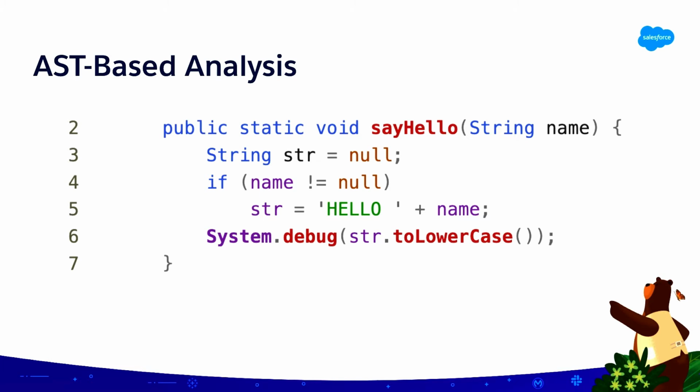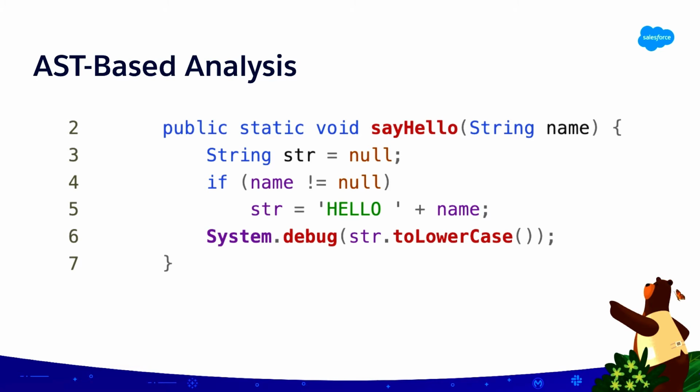It says hello. We have a string variable that's initialized to null. Not a good idea, please don't do that. And then we have a condition on name. If name is not null, the string variable is going to be overridden by a hello name. And then we're going to print the string's lowercase at line number 6.